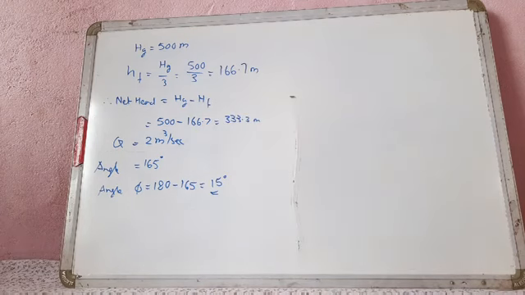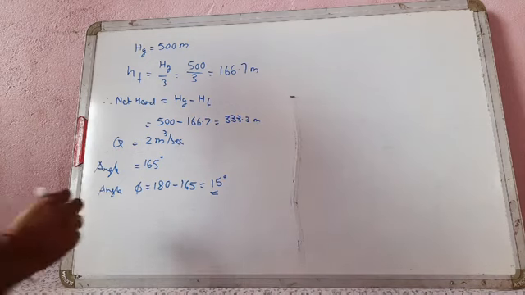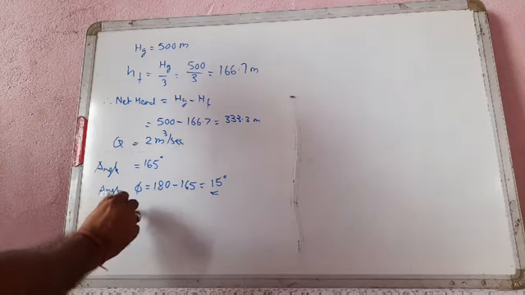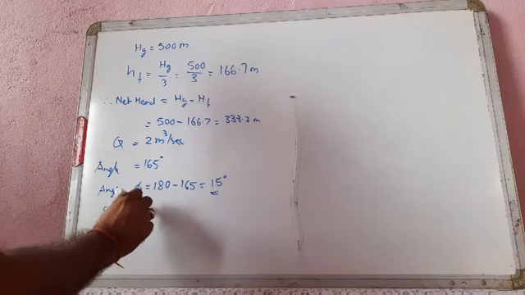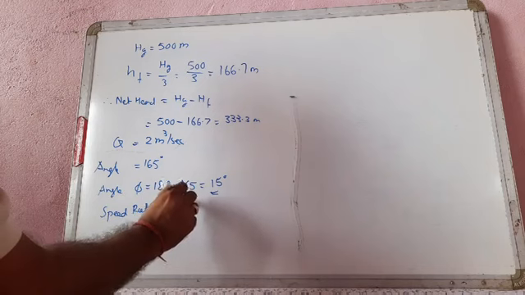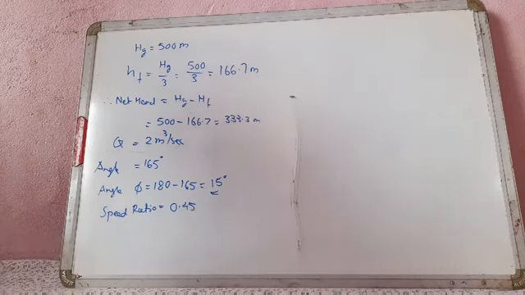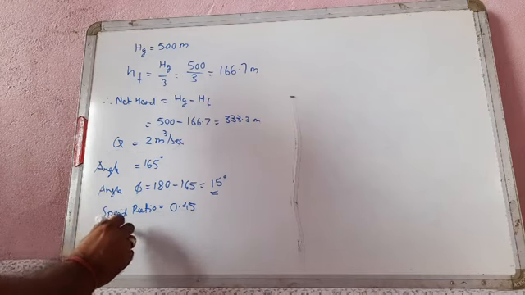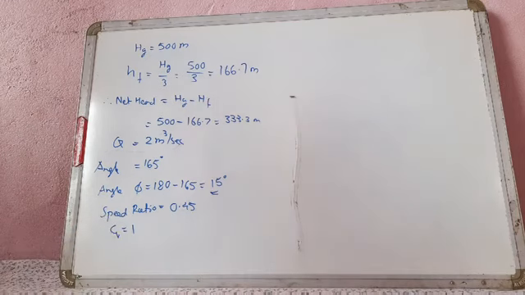Speed ratio is 0.45, and CV, coefficient of velocity, is given 1.